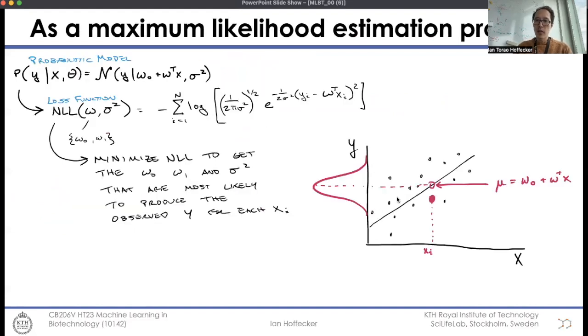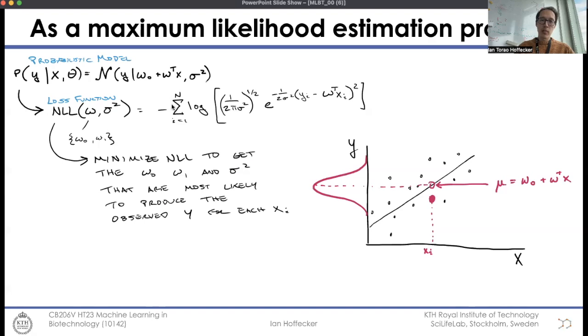So how do we find that optimal set of parameters? We could do this, in fact, just like how we've done the other maximum likelihood estimation problems. This is a likelihood model, a probabilistic model, and we can reformulate it as a cost or loss function that is to be minimized.